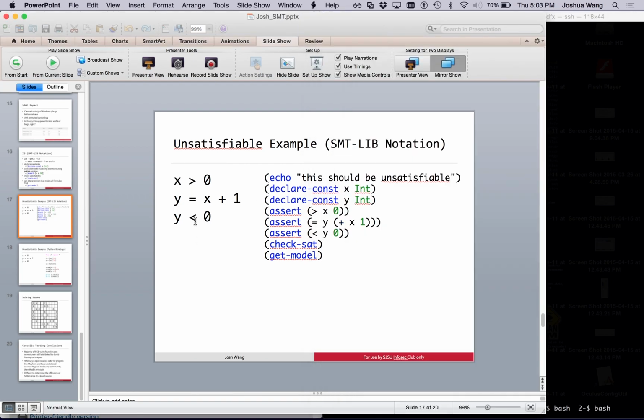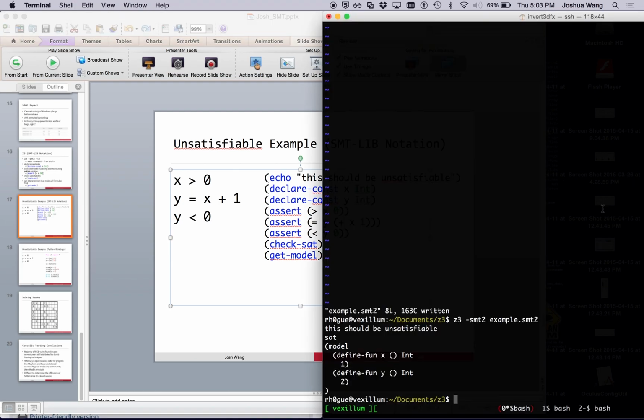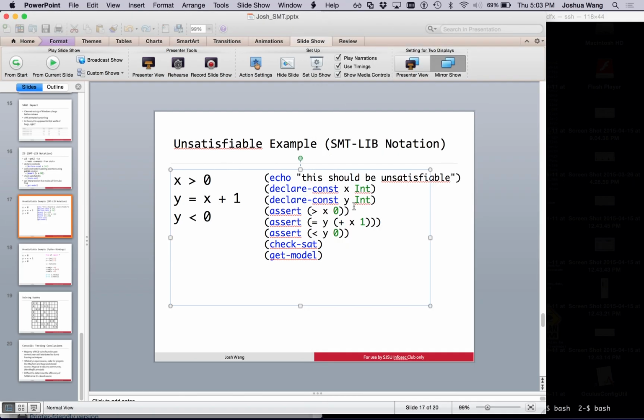All we did was change this to this. So this is a satisfiable formula. Does that make sense? And does the code make sense? First we're declaring the constants, and then we're adding the constraints, and then we're checking if it's satisfiable or not, and then we get the model.